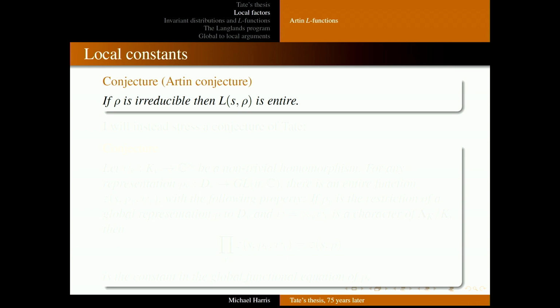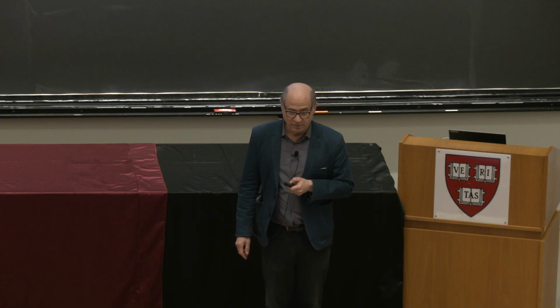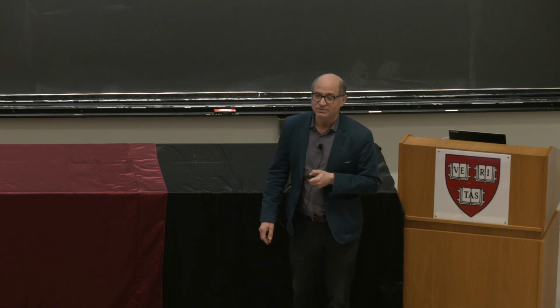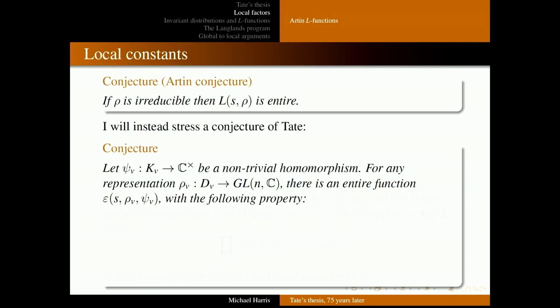But instead, I'm going to stress a conjecture that Tate made at some point. I believe he made this conjecture. In any case, he assigned it to Dwork, and Dwork almost approved it. So for any complex representation of the decomposition group and choosing an additive character of the field, so I didn't say it, but this is a non-Archimedean local field, there is an entire function of s, rho, and psi with the following property.